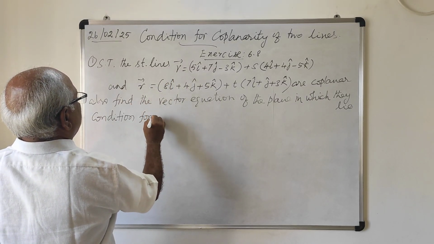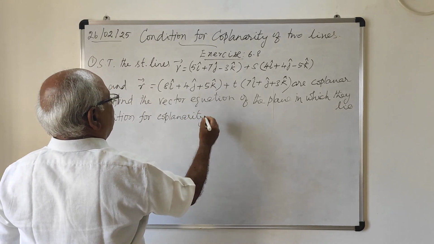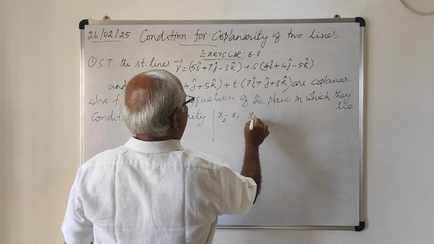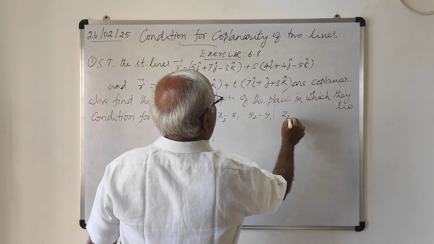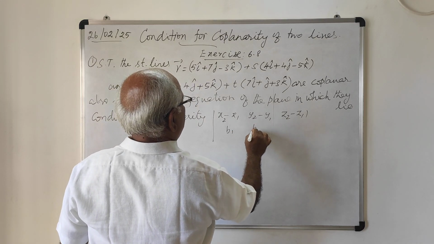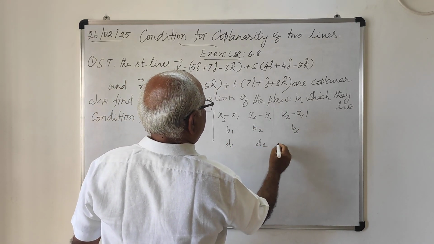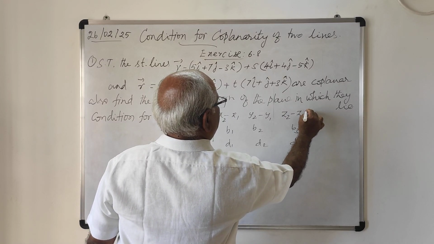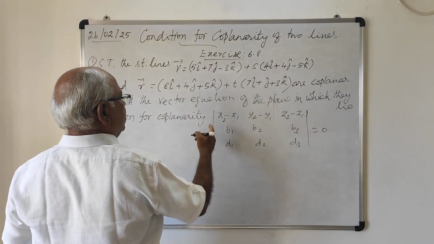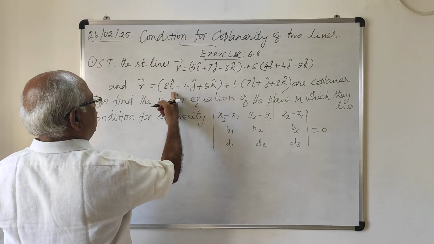The condition for coplanarity is the determinant with rows (x2 minus x1, y2 minus y1, z2 minus z1), (b1, b2, b3) and (d1, d2, d3), for the second line. This determinant value is 0. This is the condition. What is (x2, y2, z2)? This is the vector C.